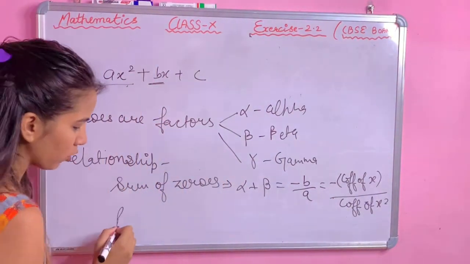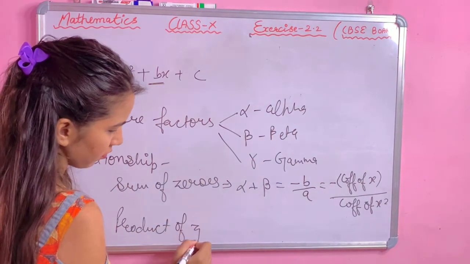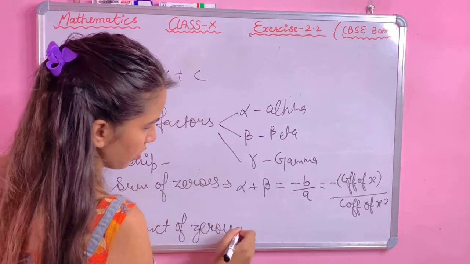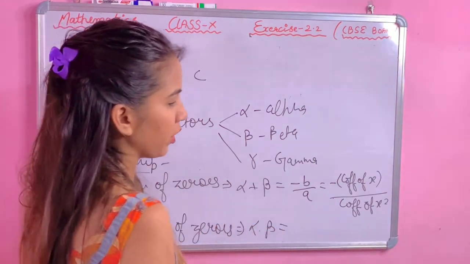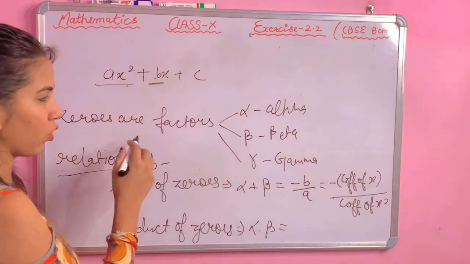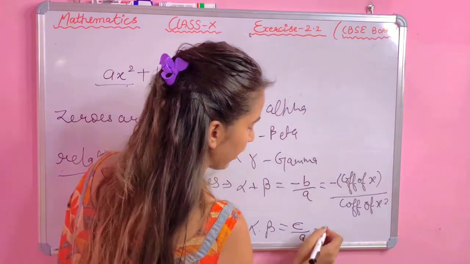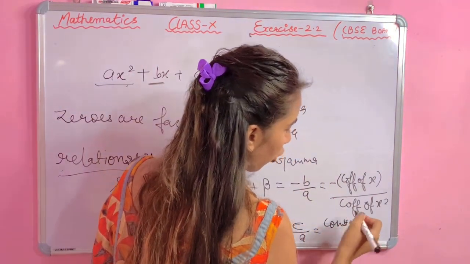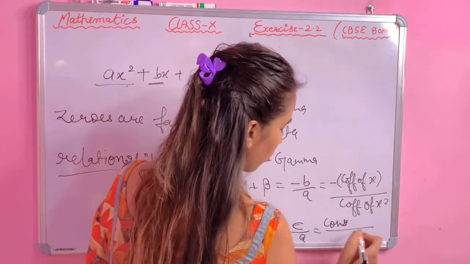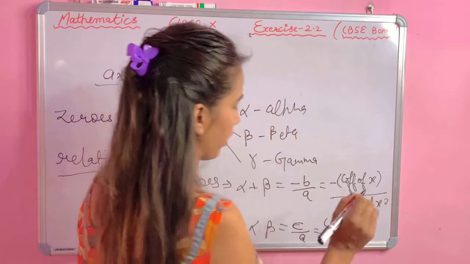The product of zeros, alpha dot beta, according to the relationship between the zeros and the coefficients, is c upon a, where c is the constant term, or coefficient of x raised to the power 0, and a is the coefficient of x square.